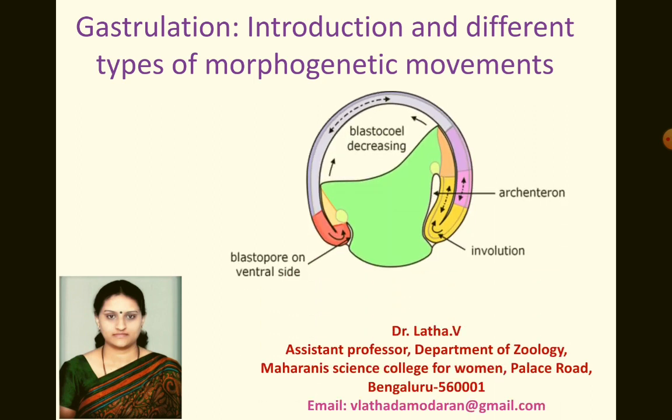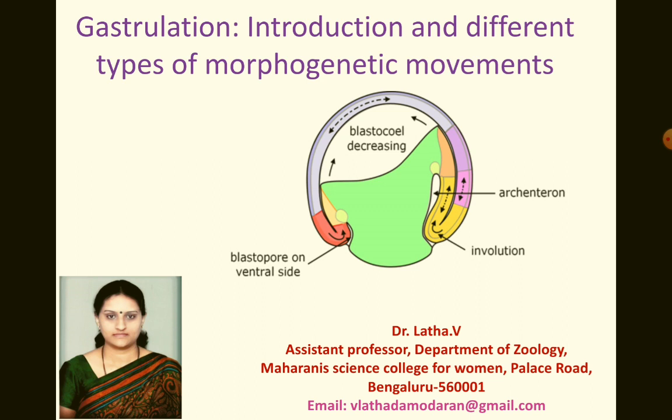Now, this diagram tells us the generalized aspect of what the process of gastrulation is all about. If we observe here, you can see the blastocele, which is the cavity of a blastula. It is getting decreased in size, and at the same time a new cavity called archenteron has formed. And why is this new cavity of archenteron formed?